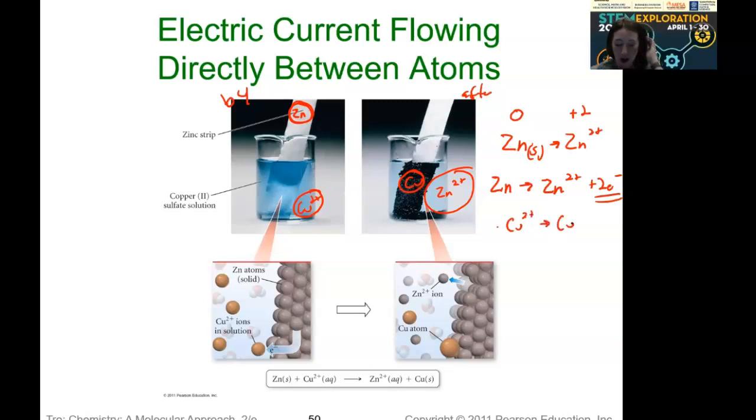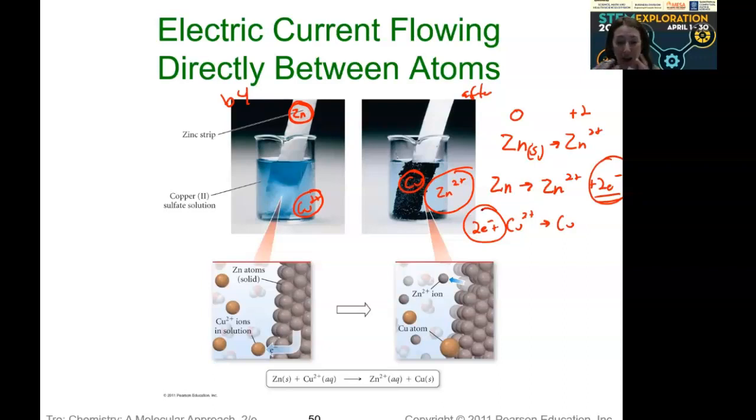And so our copper gained the electrons. So these are the same electrons. The zinc lost the electrons, hence it was oxidized, while copper gained those 2 electrons and was reduced.